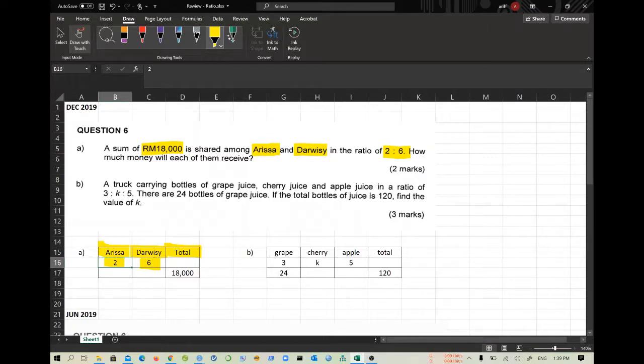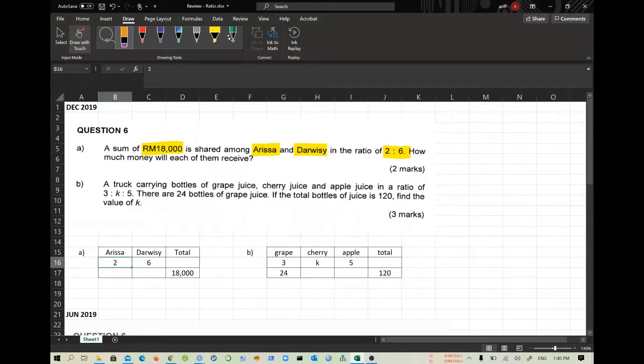Let me erase everything. So you have 2 and 6, and then the next thing you have is the 18,000, which is the total. The first row represents the entities or categories, the second row represents the ratio values, and the third row represents the amount or quantity.